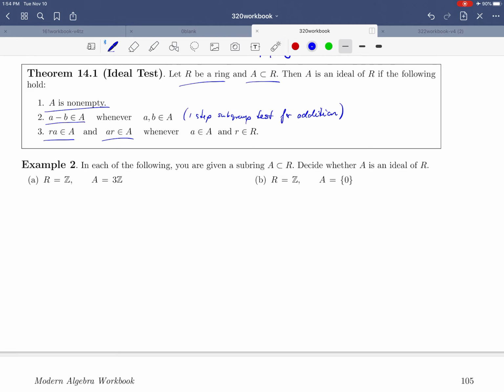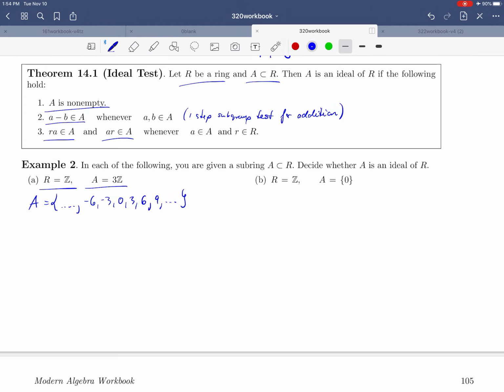So what does part A look like? Our ring is the integers, and A is all the multiples of 3. Let's list a few: -6, -3, 0, 3, 6, 9, and so on.